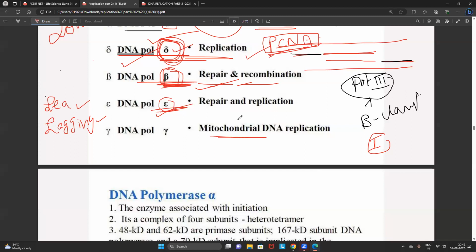So the point is very clear. They require their own DNA polymerase enzyme for the process of DNA replication. So again, a question can be expected: which of the following DNA polymerases is involved in mitochondrial DNA replication? That is polymerase gamma. Keep the point in your mind.